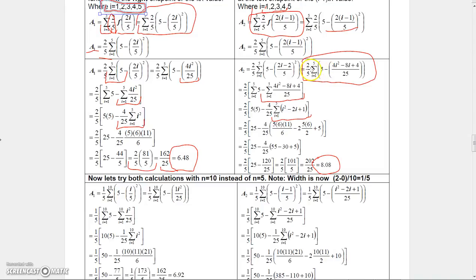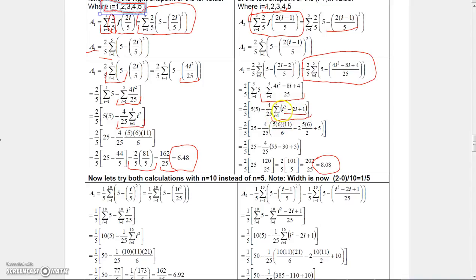But when you sum this time, you actually have to sum 4i squared, because when you square this, you get 4i squared minus 8i plus 4, and then over 25, and then you can factor the 2/5 out. Let's see, I did that, and then the sum of 5, of course, is just 5 times 5 like it was before, but here I factored a 4/25 out, so that way I just got the sum of i squared minus 2i plus 1.